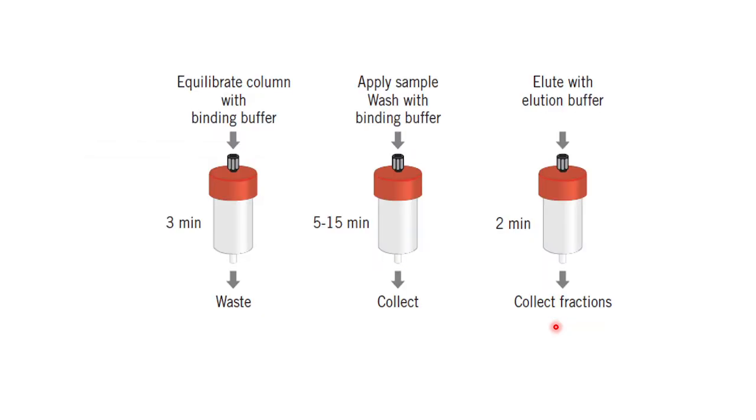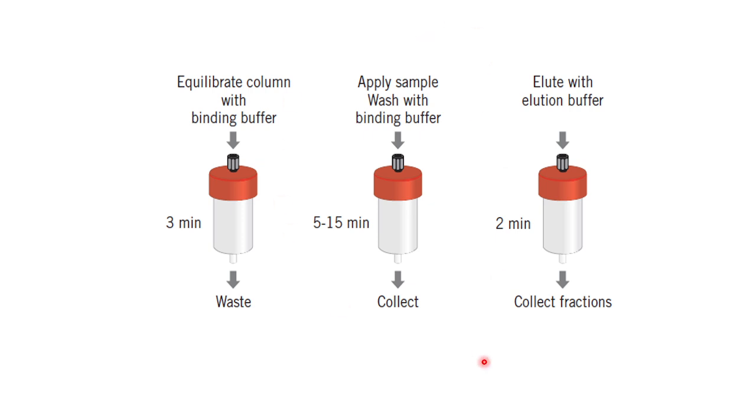So this is more or less the column that we use for nickel NTA affinity chromatography. Most of you have heard of it, where your protein is His-tagged, and the six-histidine tag binds very well with nickel ions or even cobalt ions, and you use it to purify your proteins.